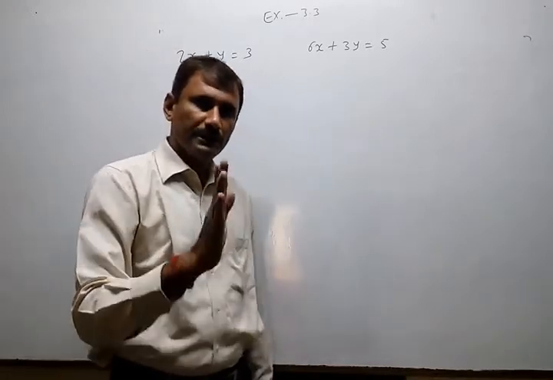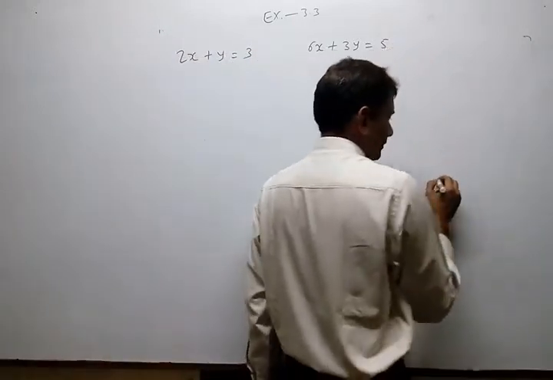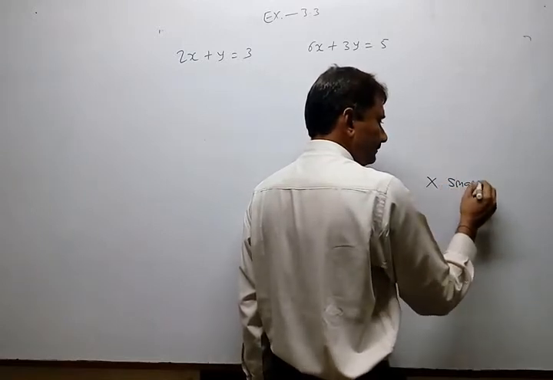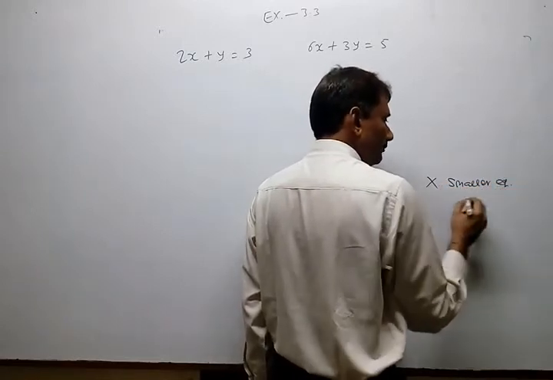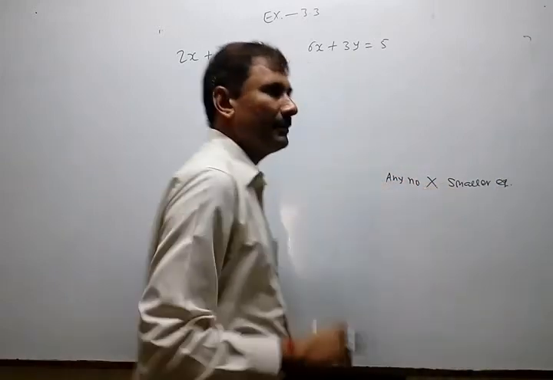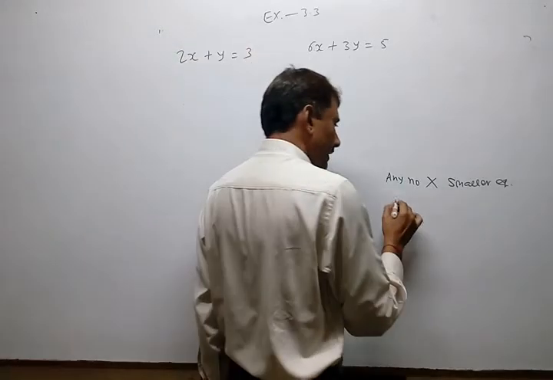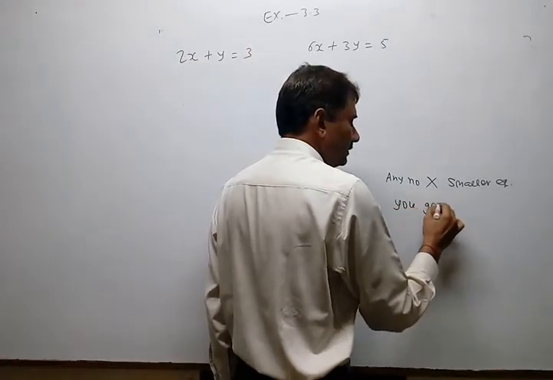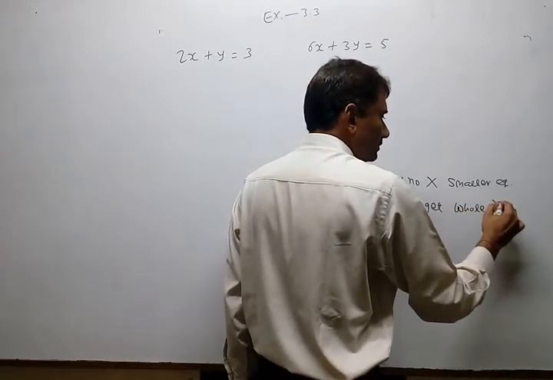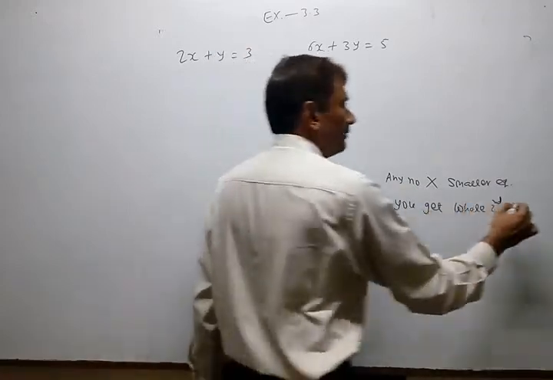Right now, understand that if you multiply the smaller equation by an appropriate number, suppose 2 and 6 so I multiply by 3, and you get the whole second equation, then there are infinitely many solutions.